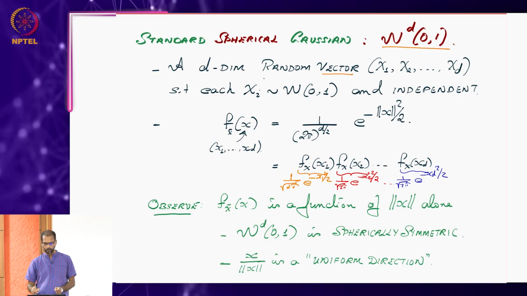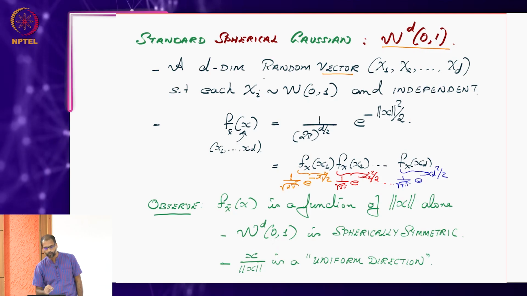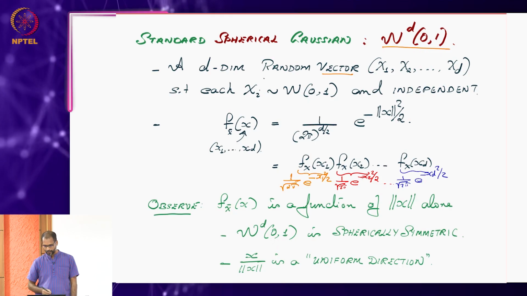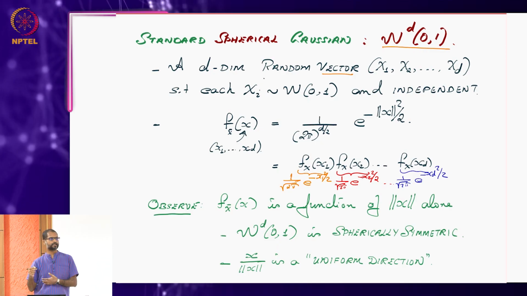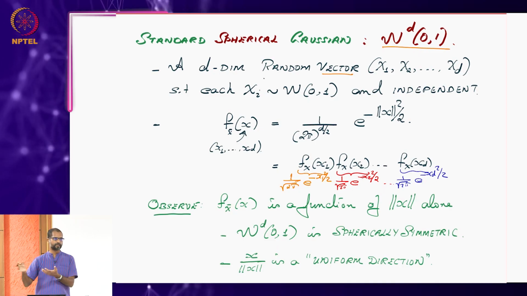Now if you multiply all of this, root 2 pi comes d times, so that is where you get 2 pi to the power d by 2, or root 2 pi to the power d. And what happens to the things in the exponent? e raised to a times e raised to b is e raised to a plus b, so everything gets added up.